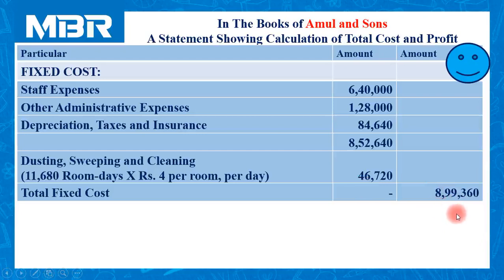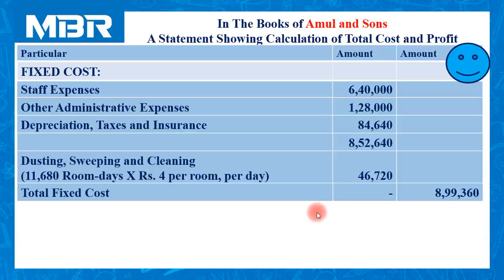So, total fixed cost for Amul and Sons is rupees 8,99,360. The most important item is not fixed cost, because almost all the information is given to us in the question. So with simple calculation, we can derive the figure of total fixed cost.